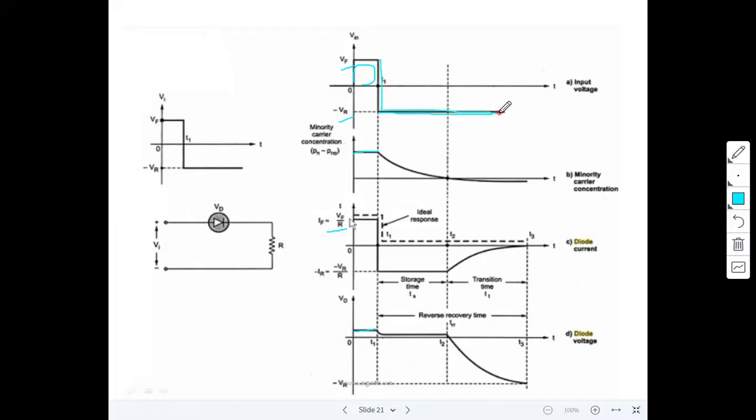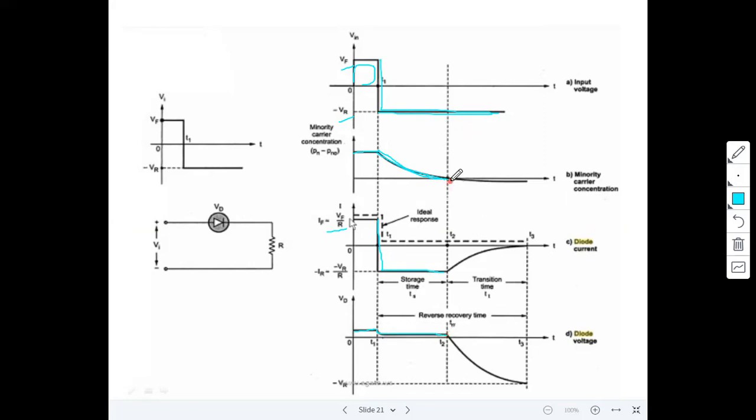This is the reverse recovery time. Now what happens is the minority carrier distribution slowly decreases, but the current amplitude reverses immediately. Here the minority carrier distribution is slowly decreasing. Why? Because here the input is a negative voltage. Until the minority carrier distribution is zero, the voltage across the diode will show a small positive voltage.